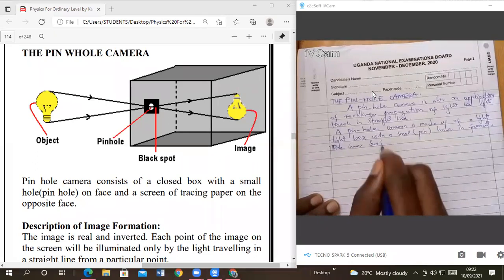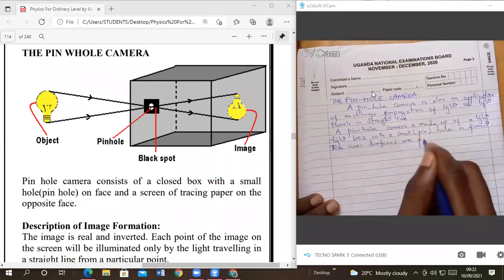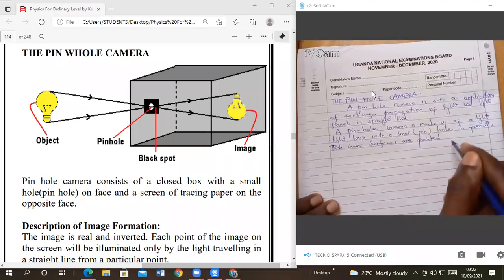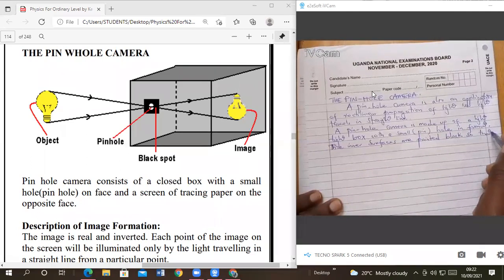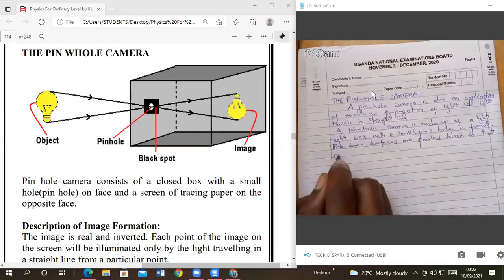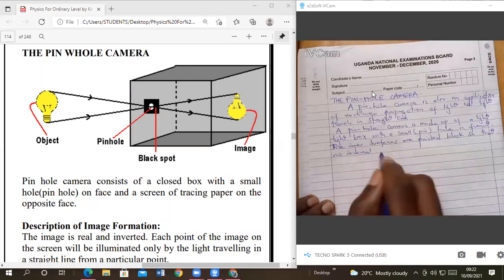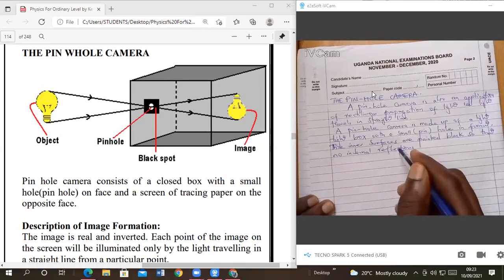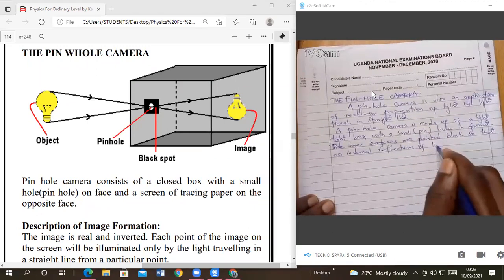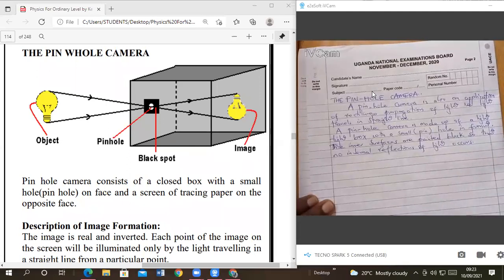The inner surfaces are painted black so that no internal reflection of light occurs.